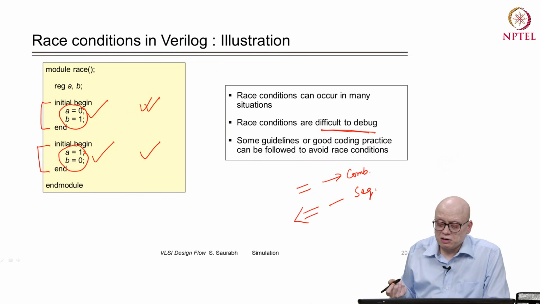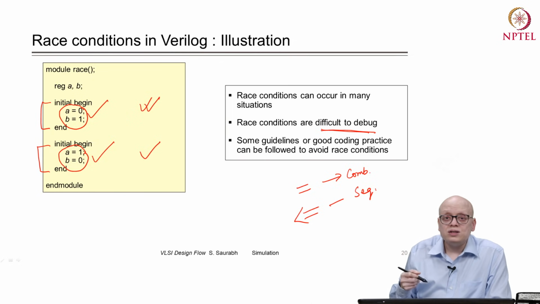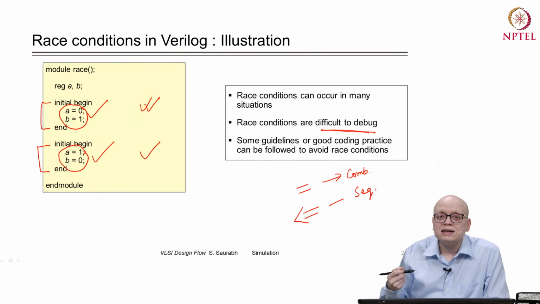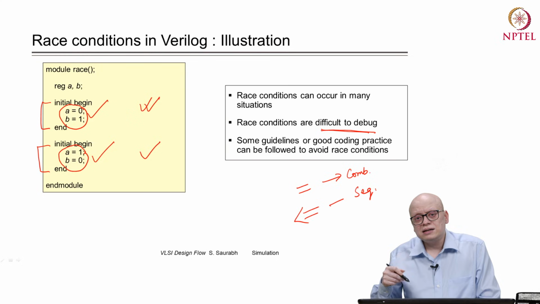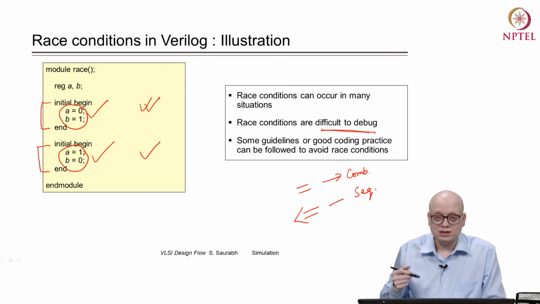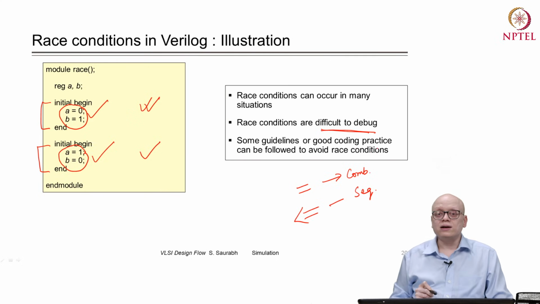Another guideline can be that we shouldn't write to a variable in more than one always block, because in that case there can be a race condition. There are other guidelines which can help us in avoiding race conditions. So, some guidelines and good coding practices can be followed to avoid race conditions.